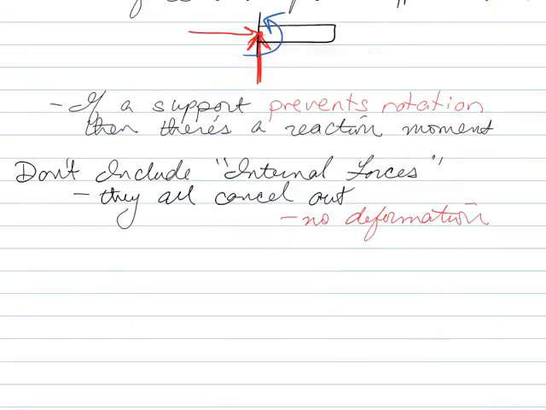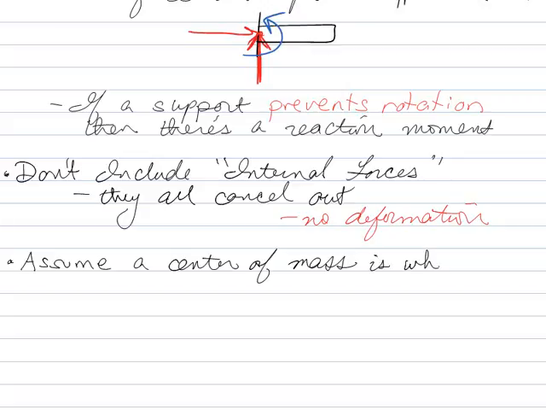Another thing that we do: we don't include internal forces, and we kind of assume the cow is spherical. So we assume a center of mass. Everything obviously has a center of mass, but we're going to draw the force there, where the weight comes out of.